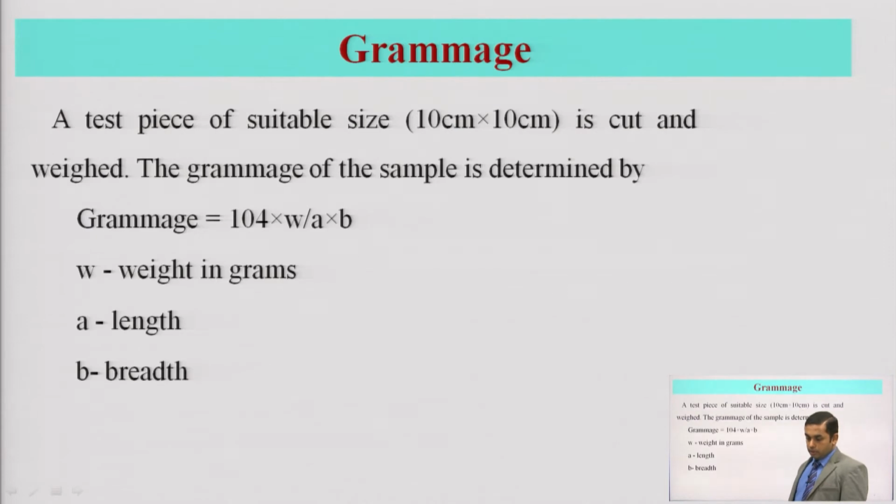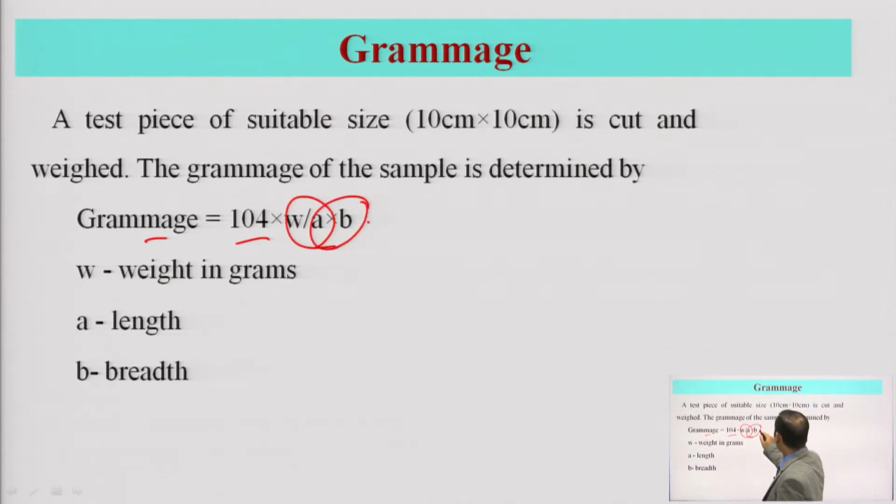That is why dimension matters. Now, grammage is another very important thing. A test piece of suitable size, for example 10 cm by 10 cm, is cut, and then we see its weight. The grammage of the sample is determined by the formula 10^4 × W / (A × B). What is A?